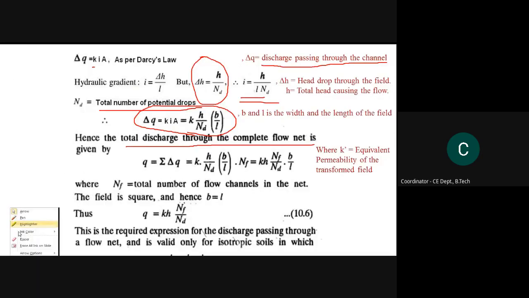So we can write it as the summation of del Q, and we put this value into NF. Why are they multiplying by NF?